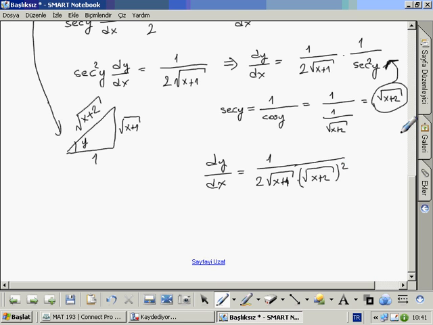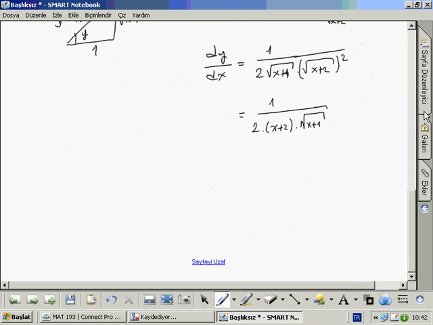So the total solution will be 1 over 2 times x plus 2 times the square root of x plus 1. That's the derivative of this function.